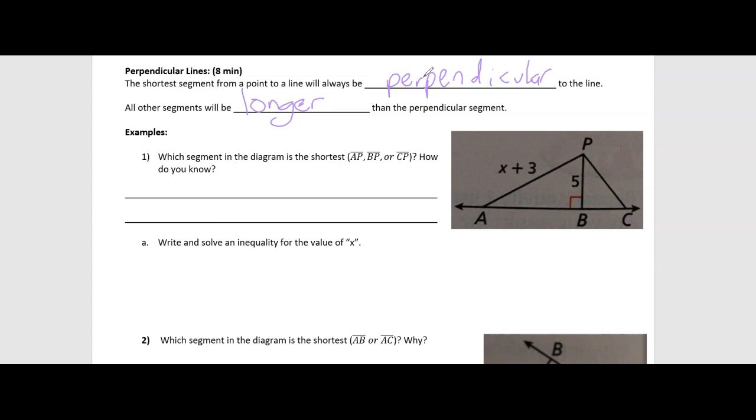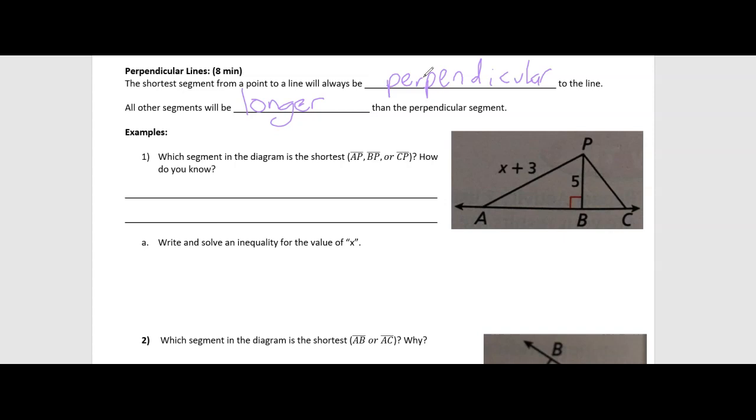And then let's look at a couple of examples where we're asked to solve for a variable. I would encourage you to try to answer number one, both the question and then part A down below, on your own. If you're a little confused, just think through it for a couple minutes and then you can come back and listen to the discussion. But again, always best to try to think about these before you just hear the solutions.